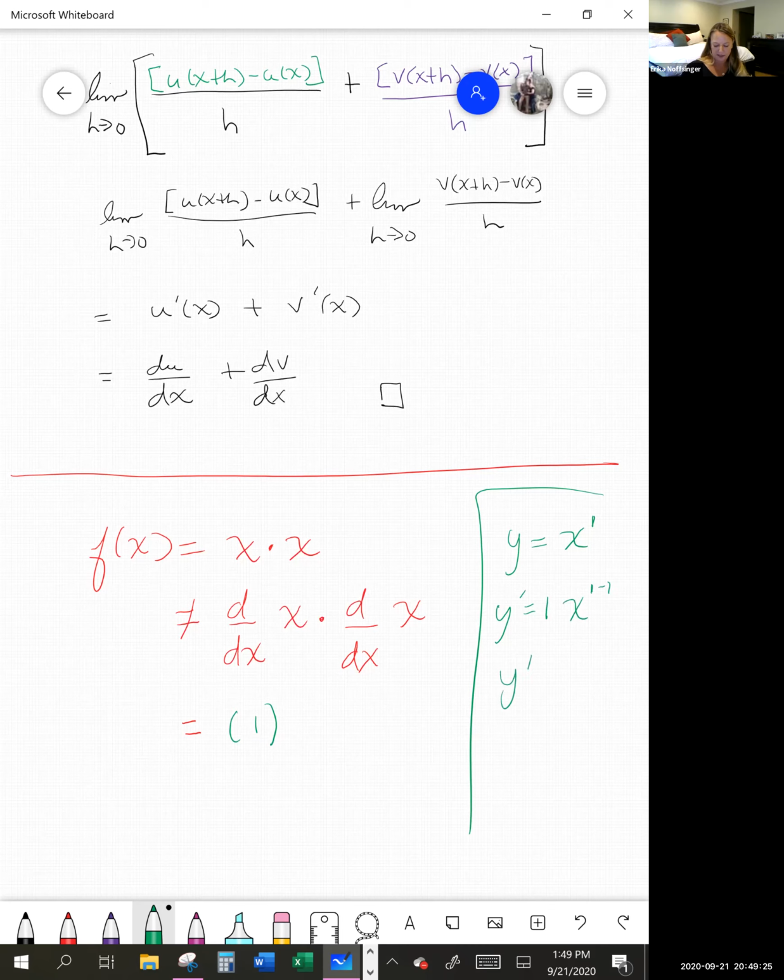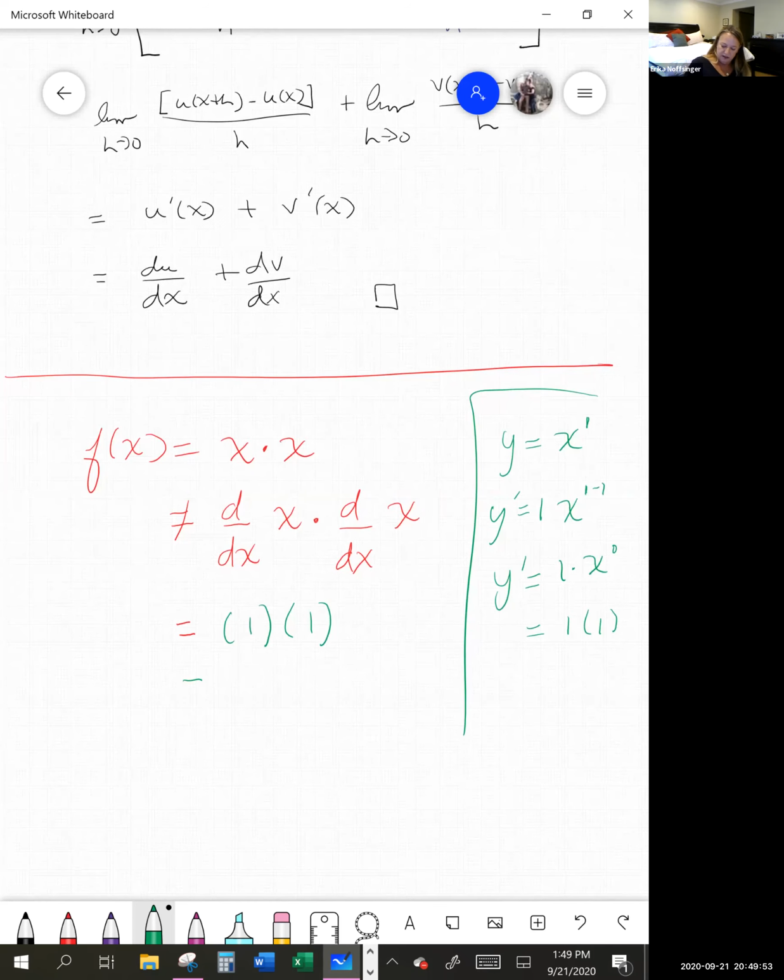So y prime is equal to 1 times x to the 0 power. Remember, anything raised to the 0 power other than 0 is actually 1. And so this is equal to 1 times 1. Okay, so that's why the derivative there is 1.